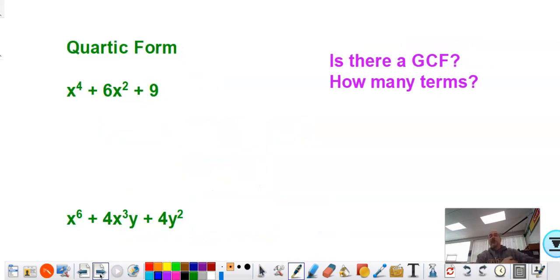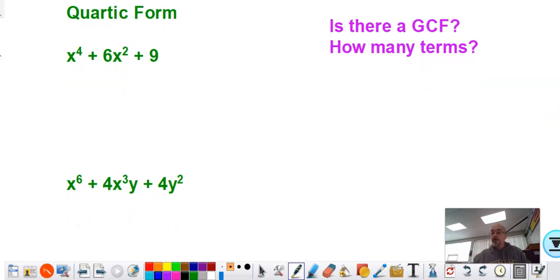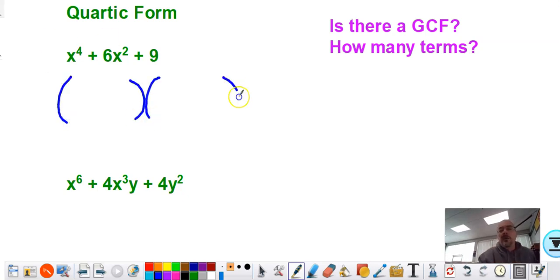Now, sometimes you're going to run into other types of quadratics, or polynomials, I shouldn't say quadratics. Polynomials in this quartic form. It's quartic because it's x to the 4th power. Okay, think back to an earlier lesson in chapter 5. So when it looks like this, folks, we really don't do anything different.